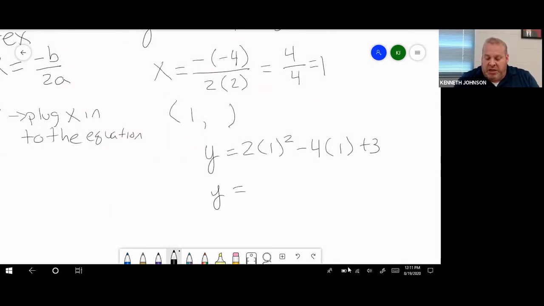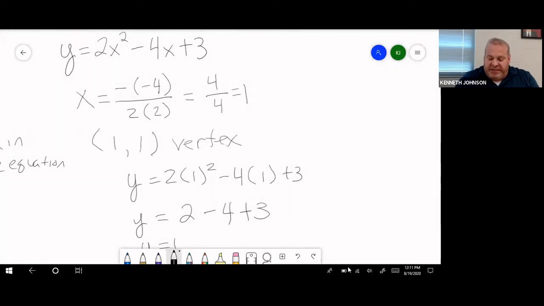Y equals 2 minus 4 plus 3. So 2 plus 3 is 5, minus 4 is 1. So this is telling me that my vertex is going to be at 1, 1.